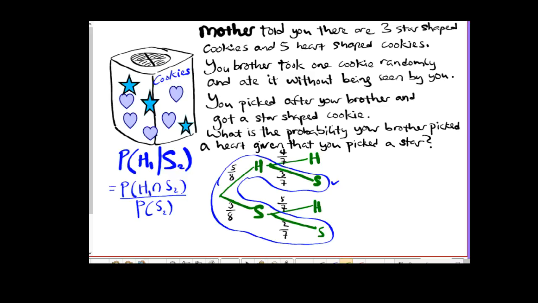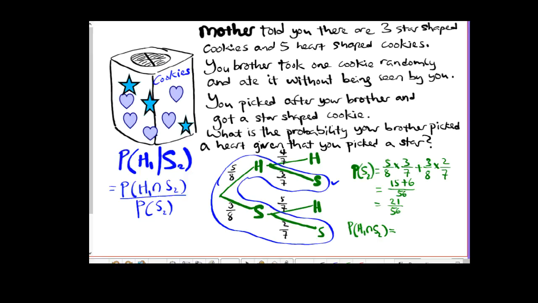So now I can calculate probability of S2. Probability of S2 in this case is 5 over 8 times 3 over 7 plus 3 over 8 times 2 over 7, which is 15 plus 6 over 56. So that will be 21 over 56.